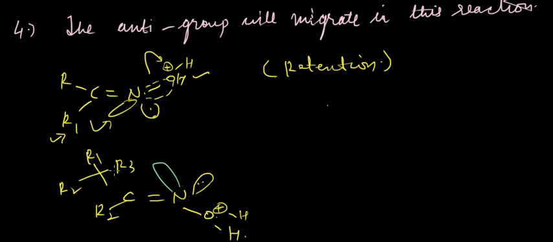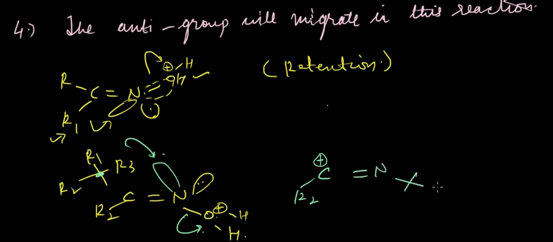Obviously this group, because this is anti to the leaving group, so this would be attacking this anti-bonding orbital. Again the retention will take place. As a result, we will get something like a positive charge here, and again R1, R2 and R3 here. So it will attack in the anti-bonding position, and hence the retention of the configuration will take place.